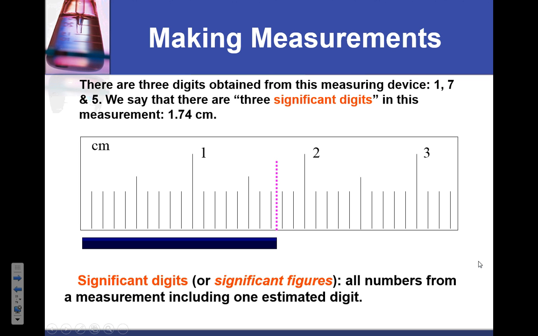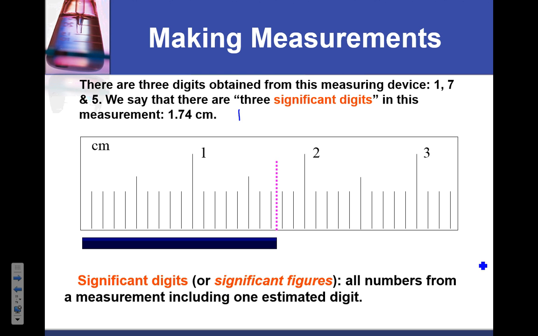So let's say we look at this measurement and we thought it was 1.74. So we thought it was slightly under half. So the 1 and the 7 and the 4 or the 5, depending on how you measured it, would all be significant digits. The 1 and the 7 would be certain digits, and the 4 or the 5, depending on whether you thought it was at the half or just under the half, would be an estimated or uncertain digit.